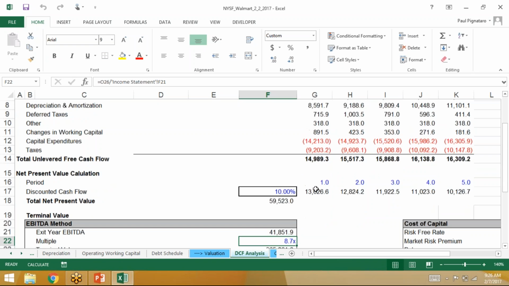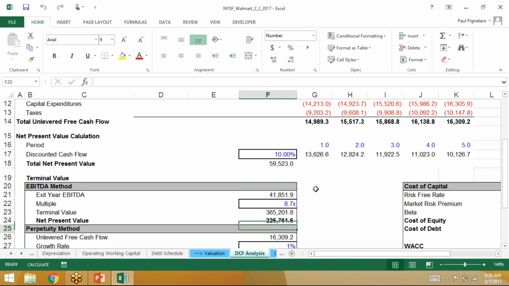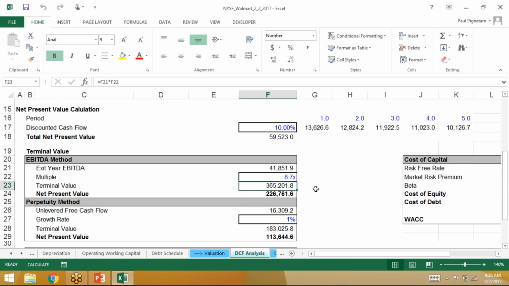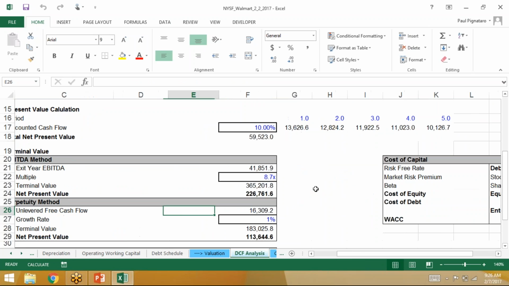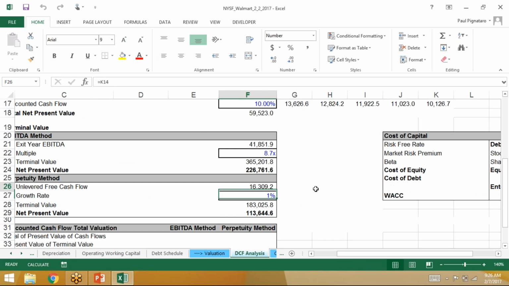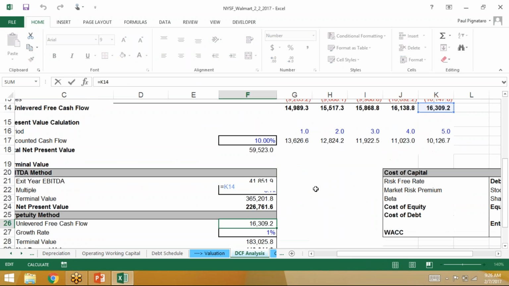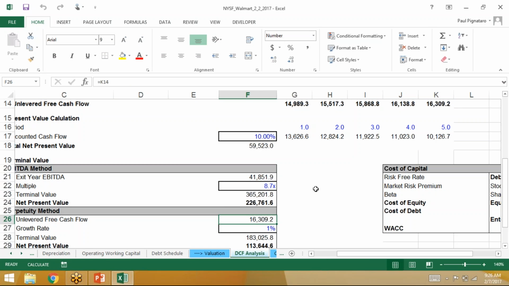We then calculated terminal value 2 different ways. EBITDA final year times the multiple. The multiple we calculated was the current year's enterprise value divided by EBITDA. Gave us a net present value. And then for unlevered free cash flow, we took it undiscounted, before discounting, grew it out at 1%, and used the perpetuity formula to get the value based on the perpetuity. Correct?